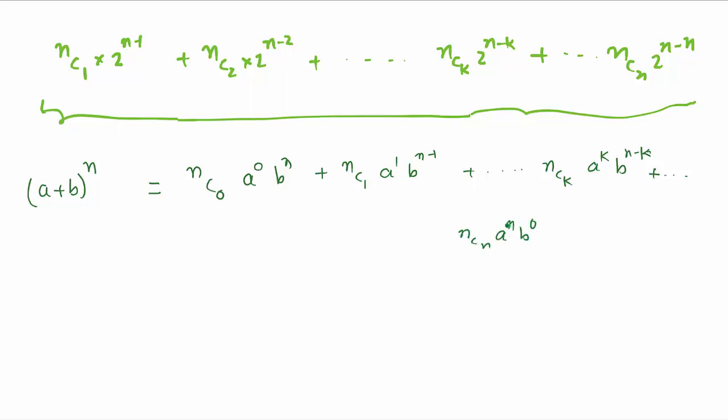This is the formula that we already have. Now, if you compare the kth term of both formulas, you will see that if we take b equal to 2 and a equal to 1, then we have (1 plus 2) power n, which is nothing but 3 power n, where n is the cardinality of S.